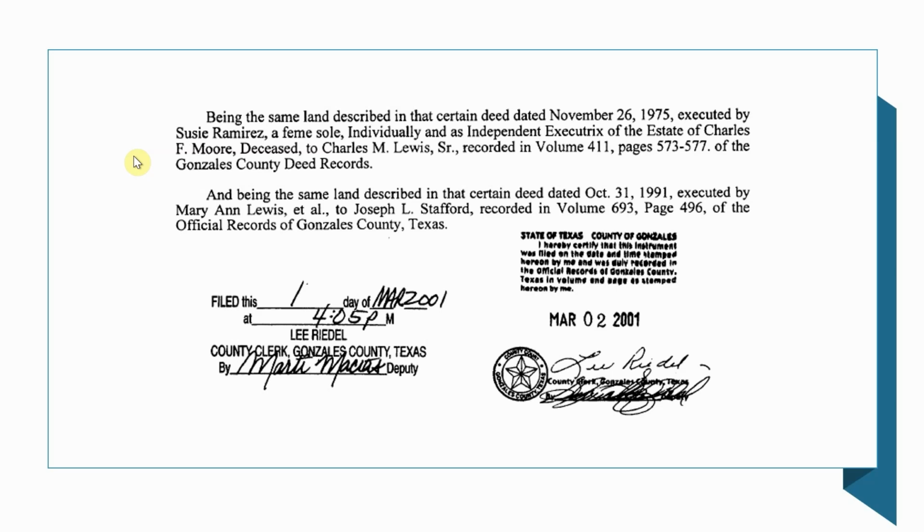To Joseph L. Stafford, recorded in volume 693, page 496 of the official records of Gonzales County, Texas. So what this is, and this is important, because you see here, there's a stamp for March 2nd, 2001.